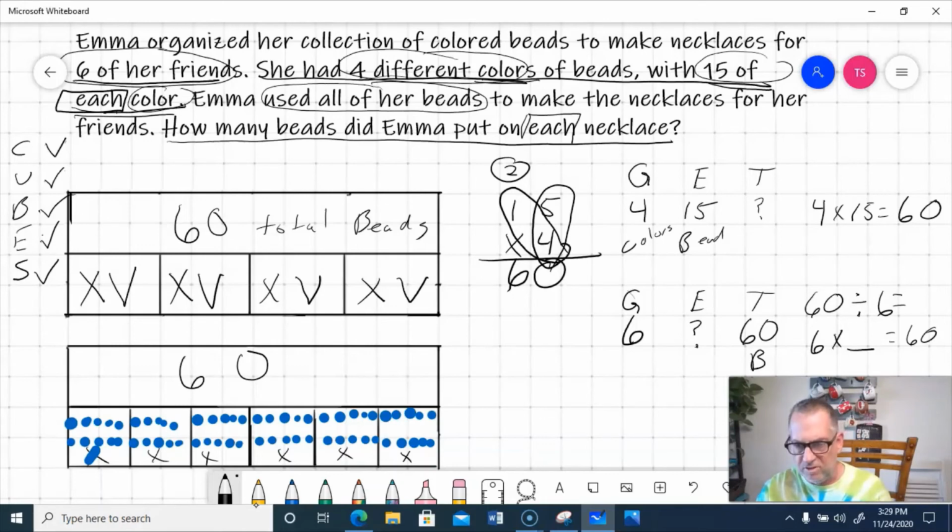So I know that 6 times 10 equals 60, or 60 divided by 6 equals 10. So that means each of our friends will get 10 beads on each necklace. So there would be 10 on each necklace. And right here was our 60.